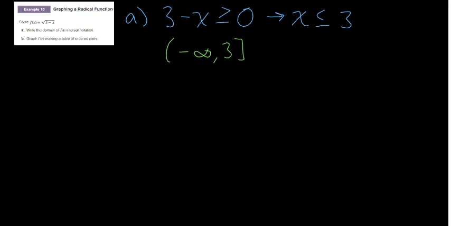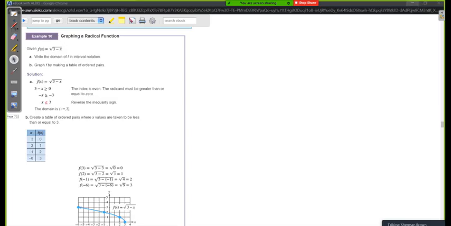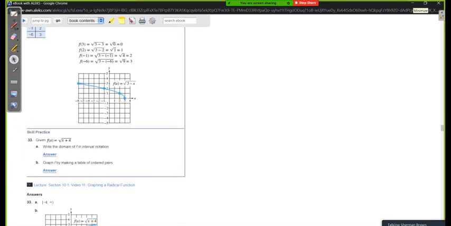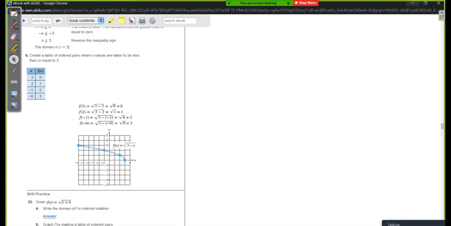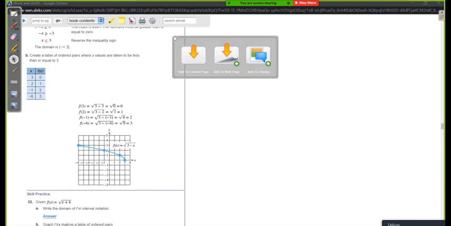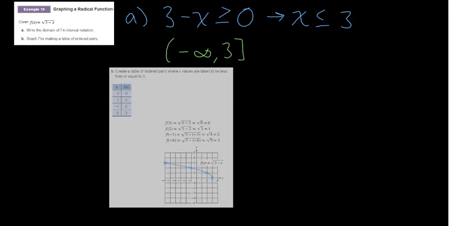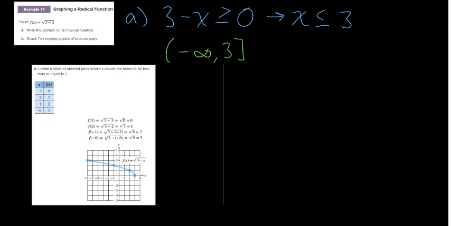Okay, and so like I said, I'm just going to go ahead and let the textbook do the graphing. Okay, so notice how we could only use values that are less than or equal to 3, right? Looking at the domain here, it's from negative infinity to positive 3.